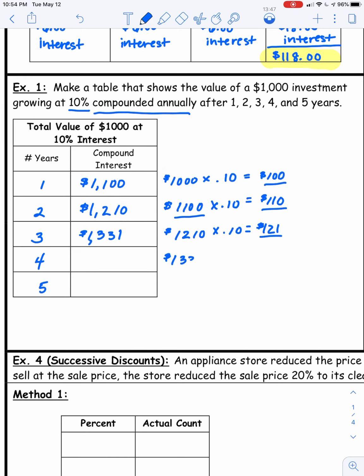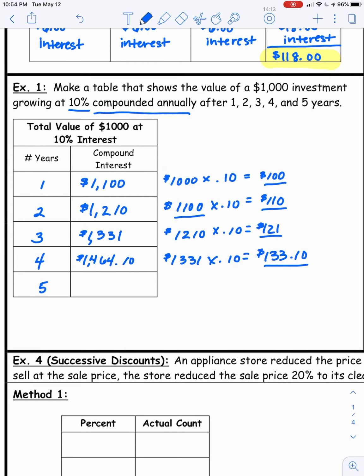So now I'm going to be paid interest on $1,331, and I end up with $133.10. I'm going to add this to the end of year 3's balance, which is going to give me $1,464.10.